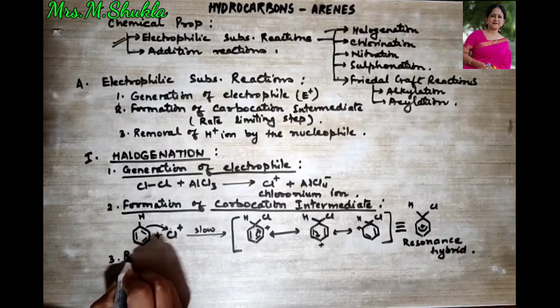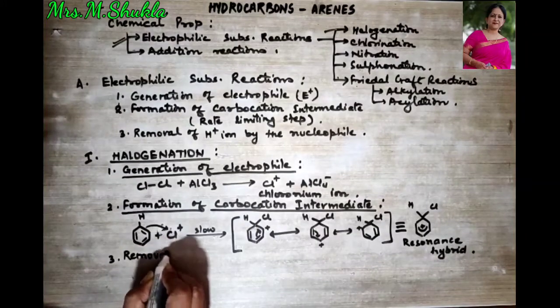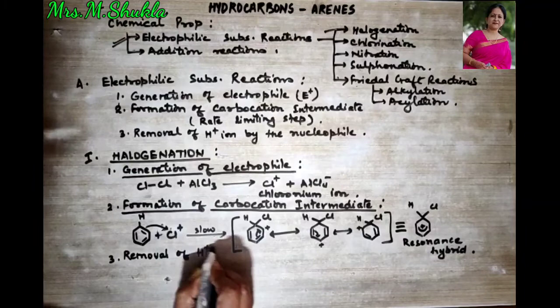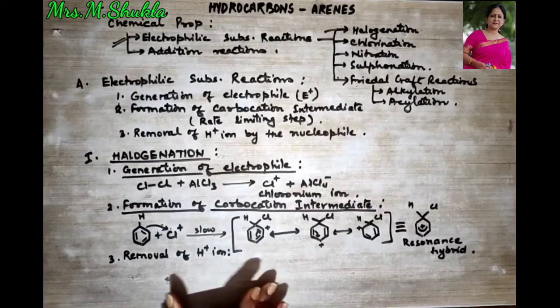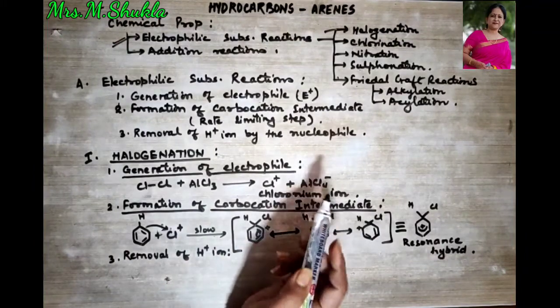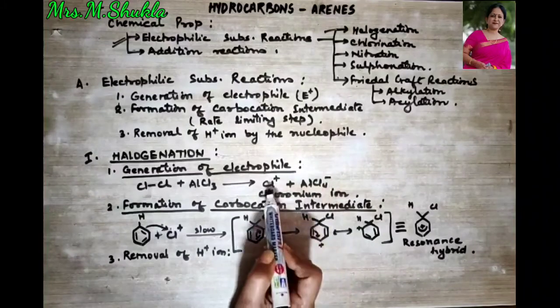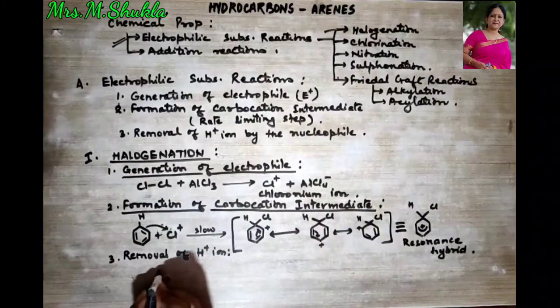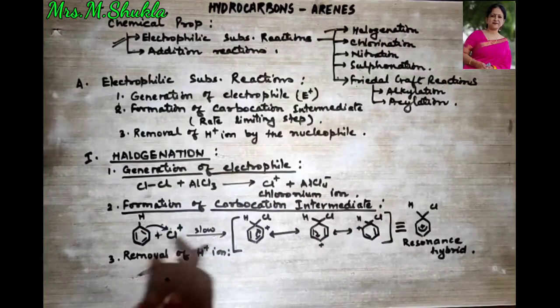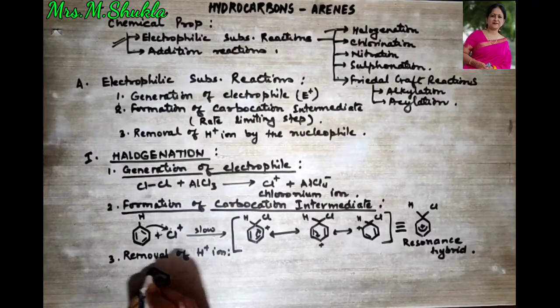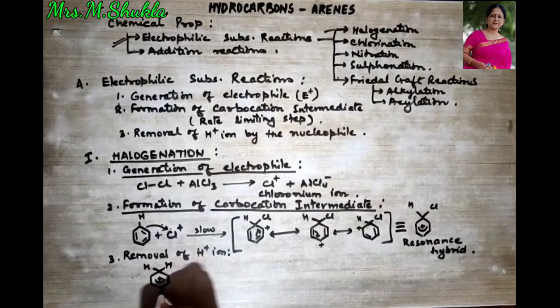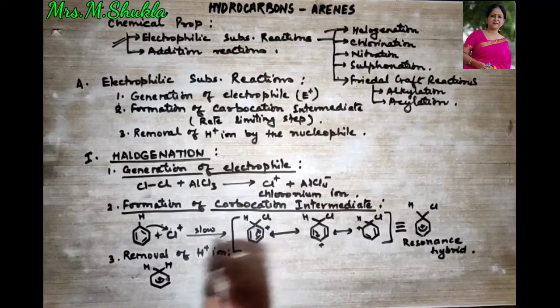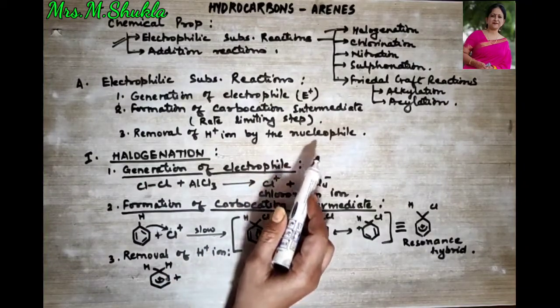So let me write down over here, removal of H+ ion. That much I am writing over here. Now let us take the nucleophile. What is the nucleophile over here? This was my electrophile, this is my nucleophile, correct? So I take this resonance hybrid here. This is my resonance hybrid, and it is being attacked by a nucleophile.